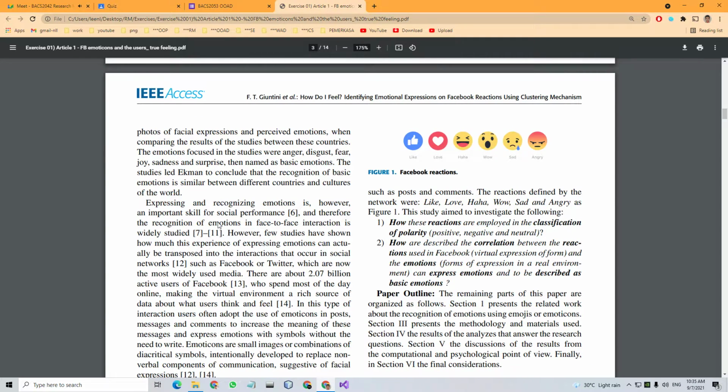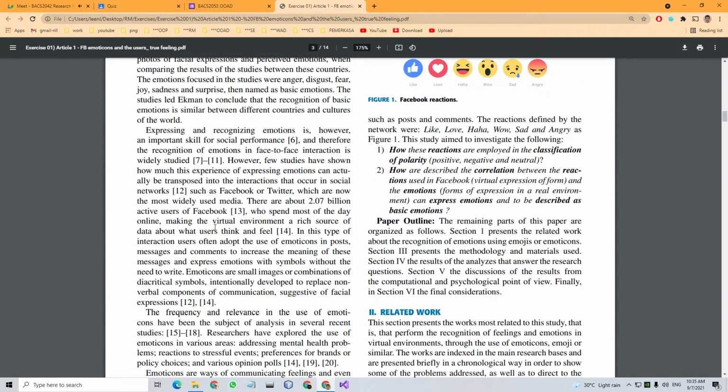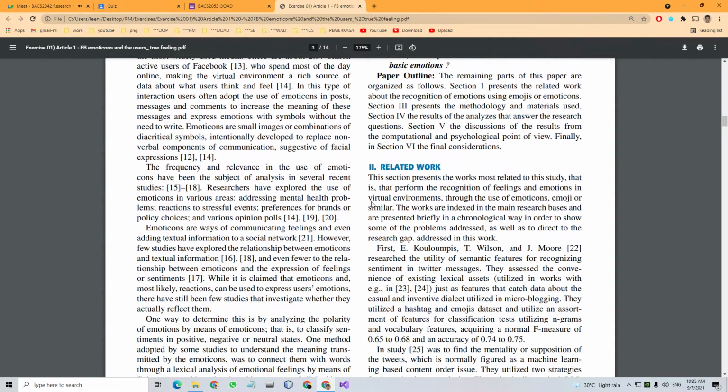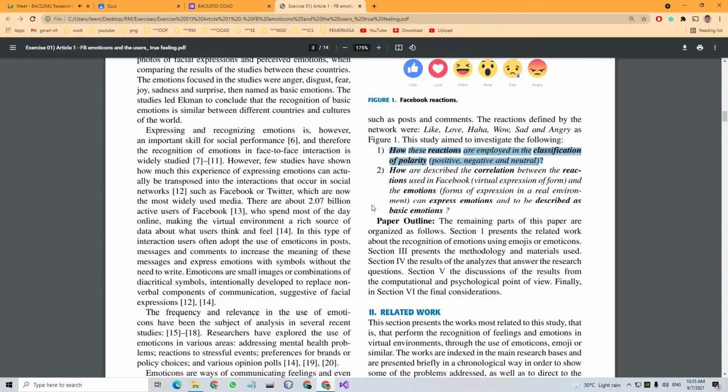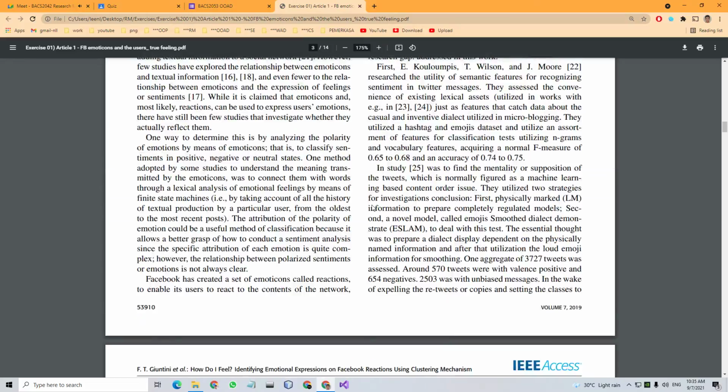So who else should I ask? Ferry Vincent, what do you want to share? What do you think about the article? I believe this is the first time for you guys to read an article, right? Which part did you read? For me, until the second page only.